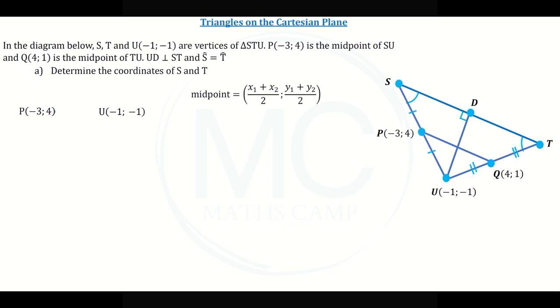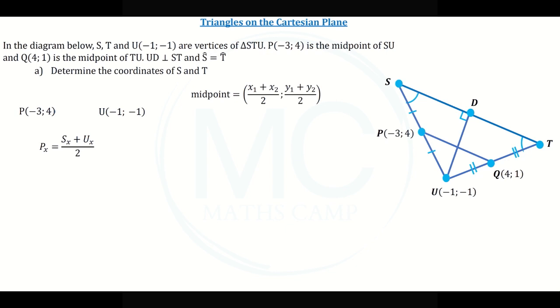Let's start with the X coordinate of point S. From the formula, we know the X coordinate of the midpoint P, let's call it PX, is equal to the X coordinate of point S, say SX, plus the X coordinate of U, let's call it UX, over 2.